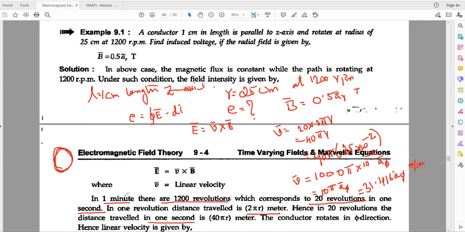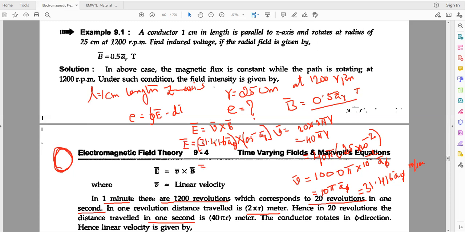Got it, my students. So we got V bar. Now we can substitute into E bar: E bar is equal to V bar, 31.416 a_phi bar, cross product with B bar, which is 0.5 a_r bar.